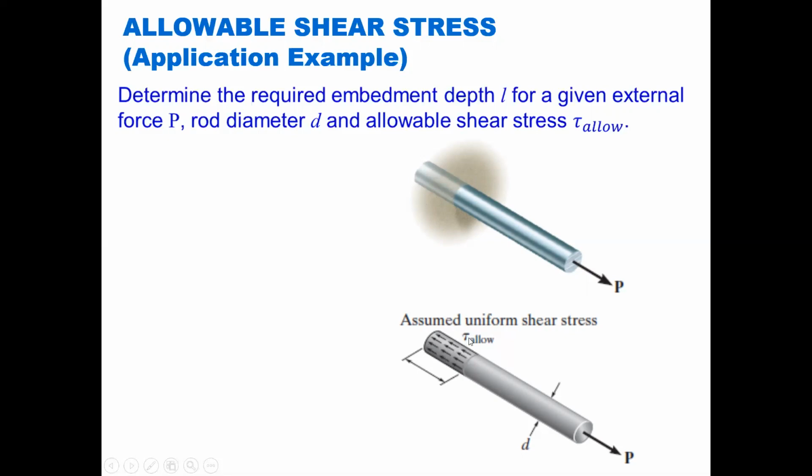And obviously, if we apply a force P, there's going to be a shear force that, if we add up all the shear around this face, would equal the applied force P. Okay, so there's some diameter that's already known about this particular rod, and there is a force P that we know, and there's an allowable stress for that material, for that wood or that concrete, and we could then determine the embedment length.